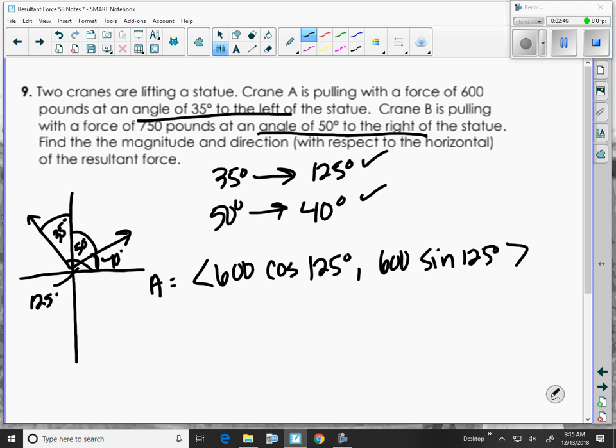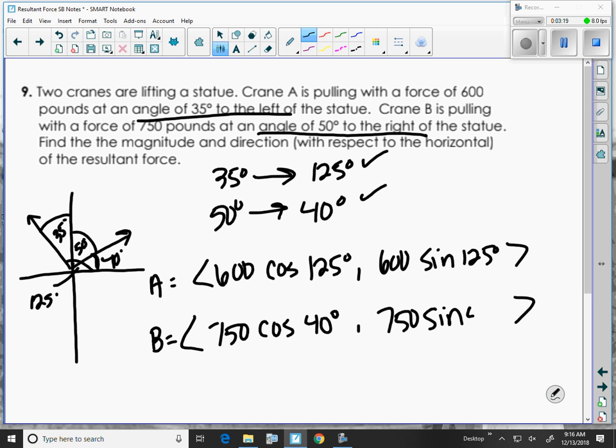I want you to see if you can write crane B's component form. See if you can do crane B. Okay, do you agree with me?